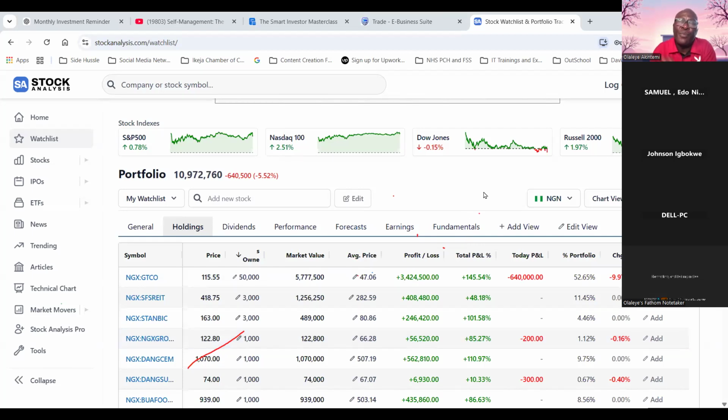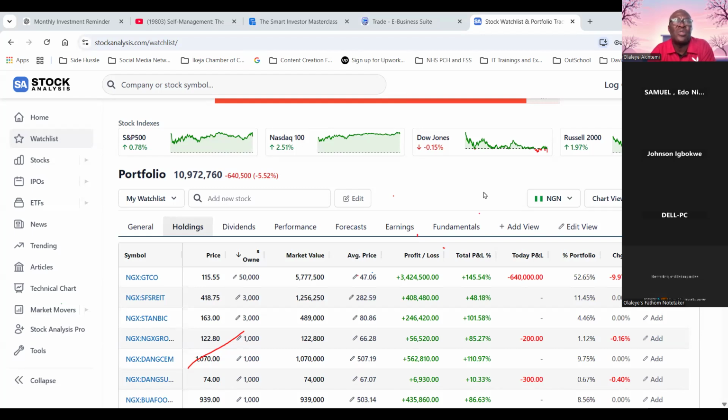It's only people that have bought when the price came down that will enjoy the bull run. It is people now that they are offering MTN for 749 naira. Some people might be thinking, oh, they bought MTN when it was 800, when it was 780, when it was 850.